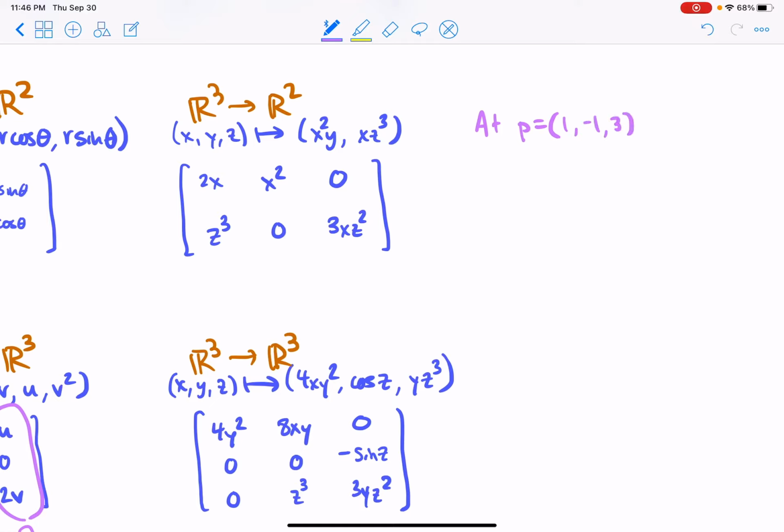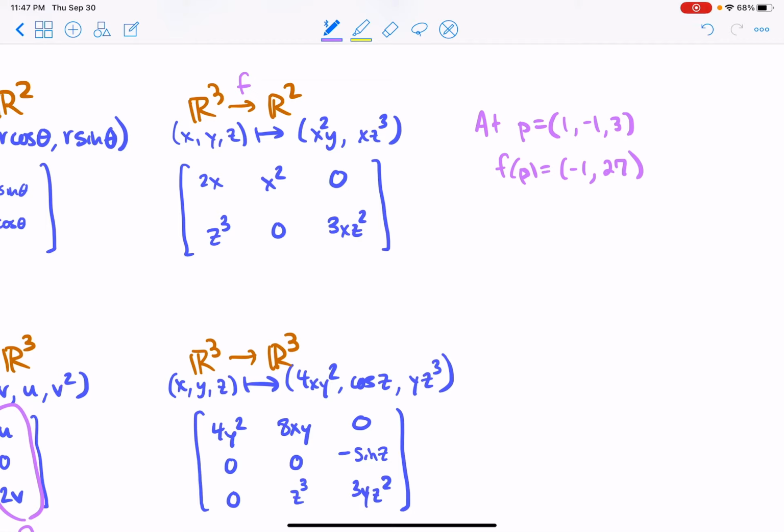I just chose that randomly. Then what do I get? Well, this is the map f. F of p is, let's see, what is it? 1 squared times minus 1 is minus 1. And 1 times 3 to the third is 27.